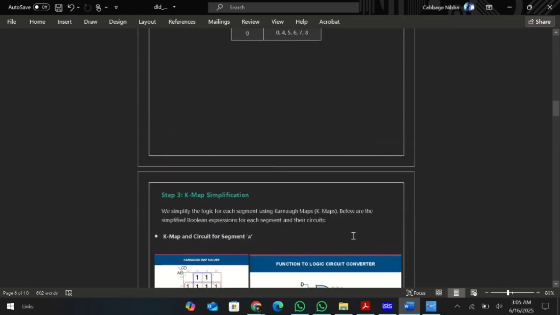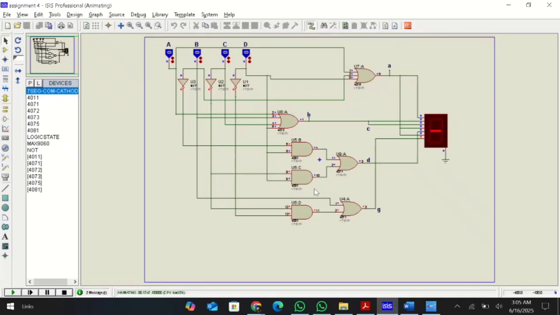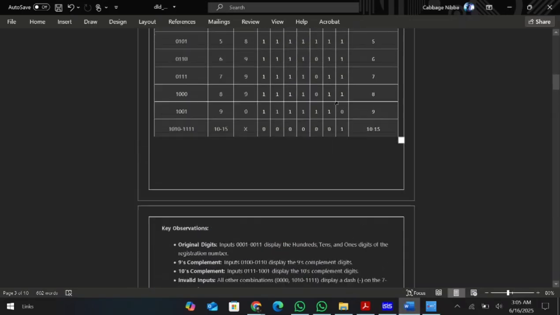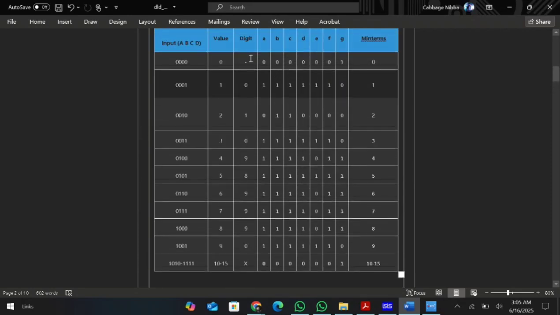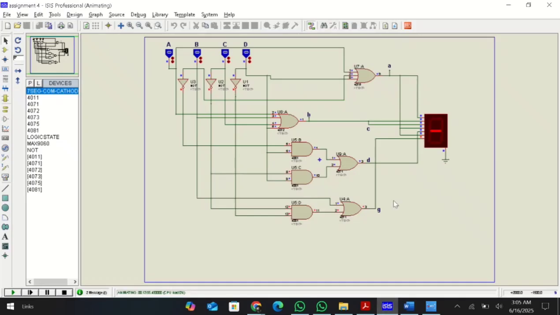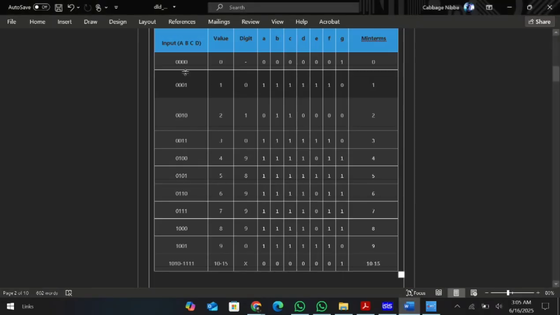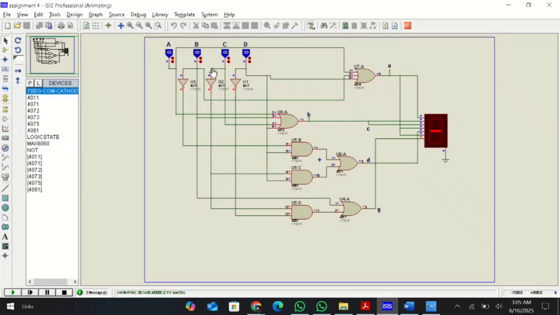So yeah, now look at it. Let's see. For 0000, it should give me nil, and it is giving me nil. And for 0001, it should give me 0, and yep, it is giving me 0.